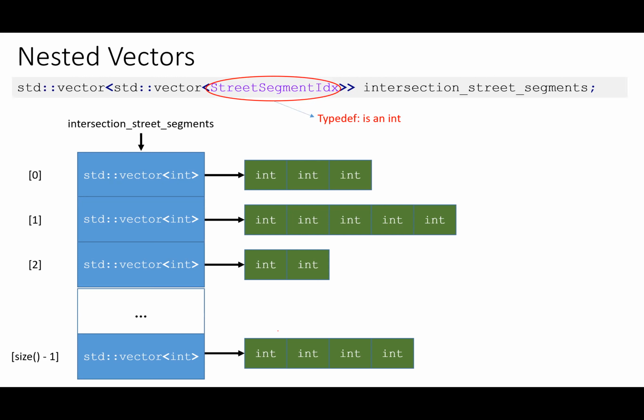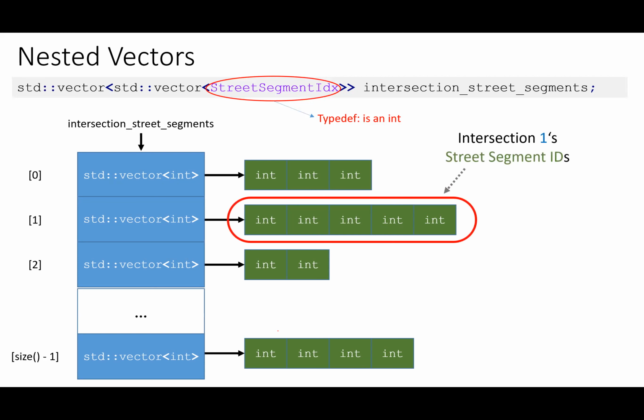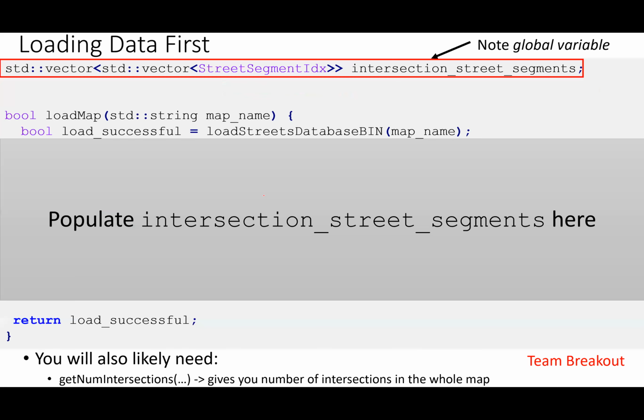You can access it just by using the square bracket operator twice. So that's how you get entries out of this. If I take intersection street segments of 1, I will get this whole vector. If I took intersection street segments of 1 and 0, I would get that number. So it's like a 2D array, and you can use it the same way.